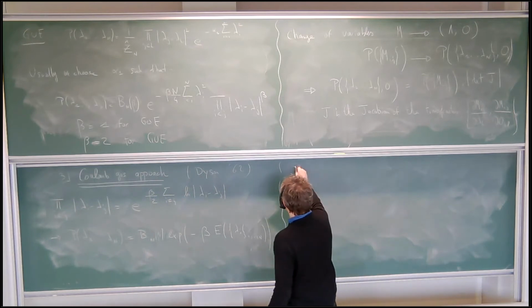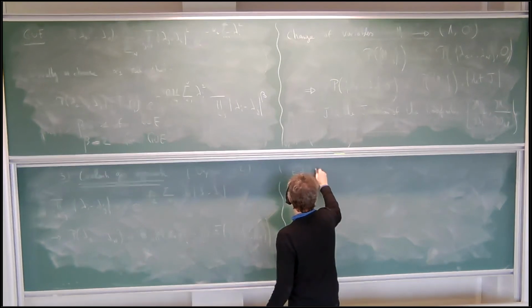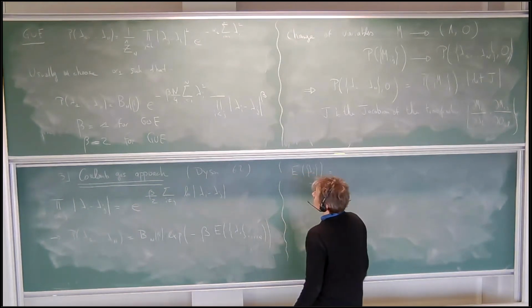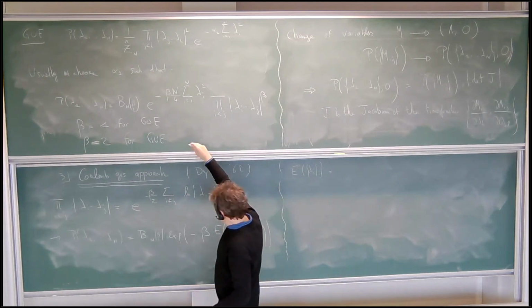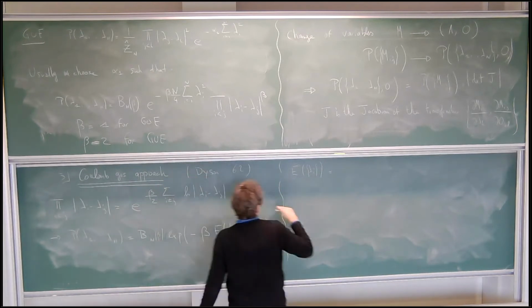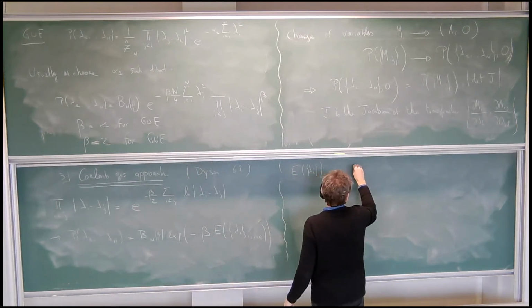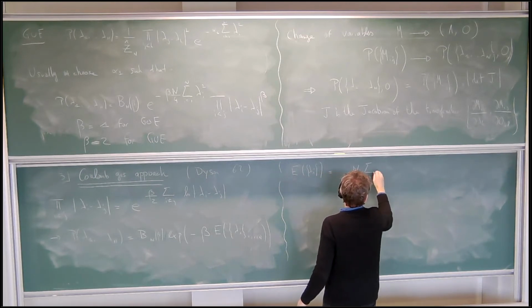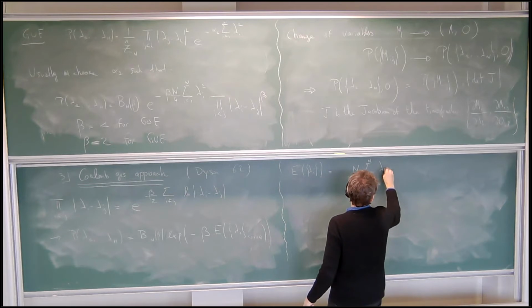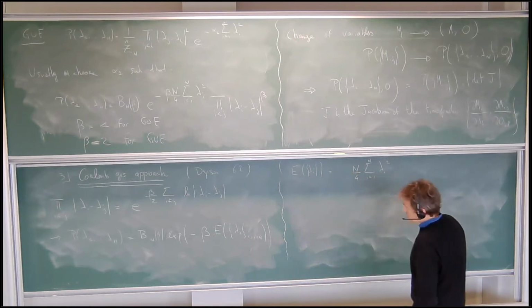Well, what I call E, or the energy, I have two parts, two components. The first component is simply this confining term here. So that's N over 4 times the sum from i equals 1 to N of lambda i squared.